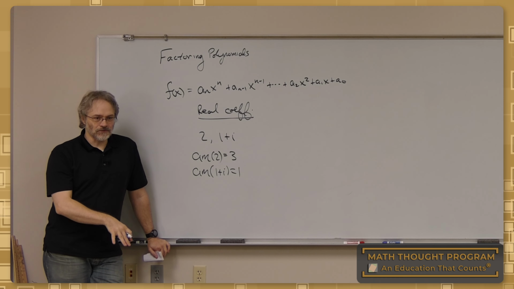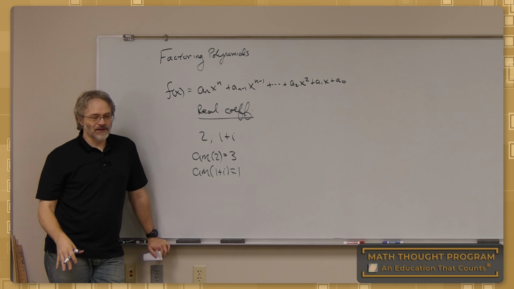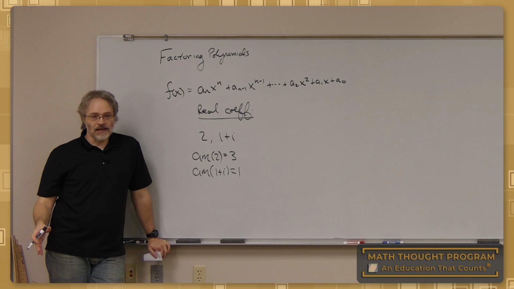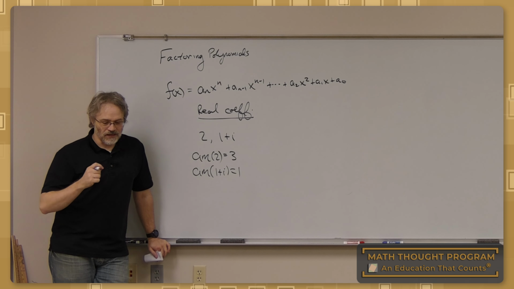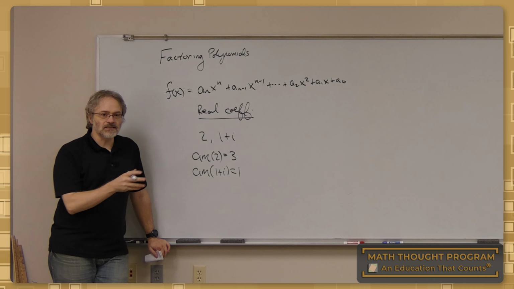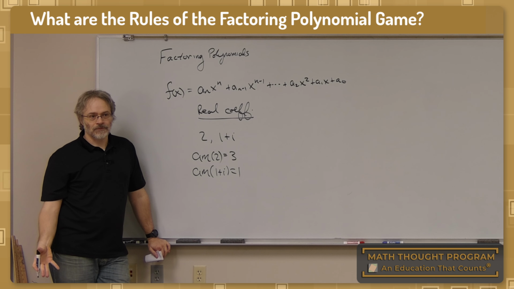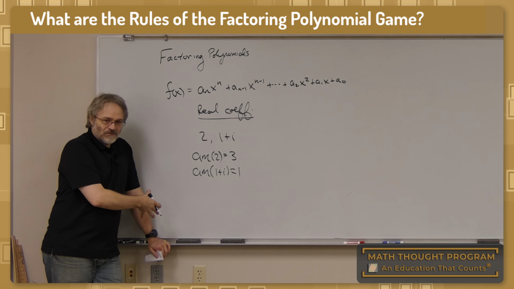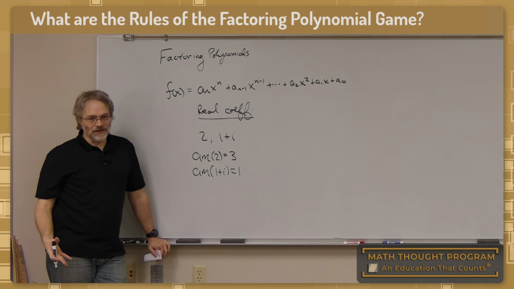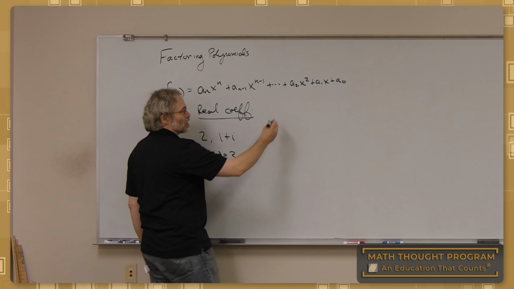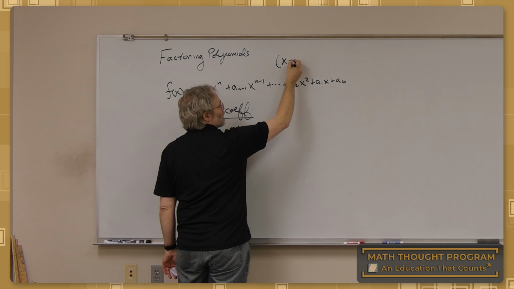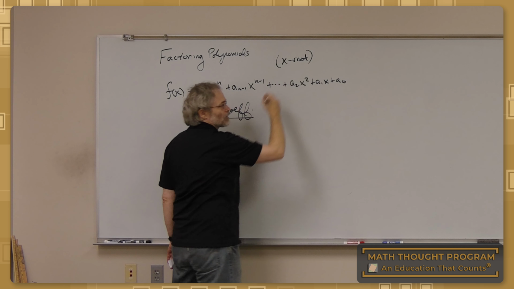So it's a puzzle. I've got to put this thing together. And like with any game, whether it's a game of hearts or a game of spades, it does not matter. You must follow the rules of the game. If I'm factoring, one of the rules of the game is it's always going to be x minus the root.